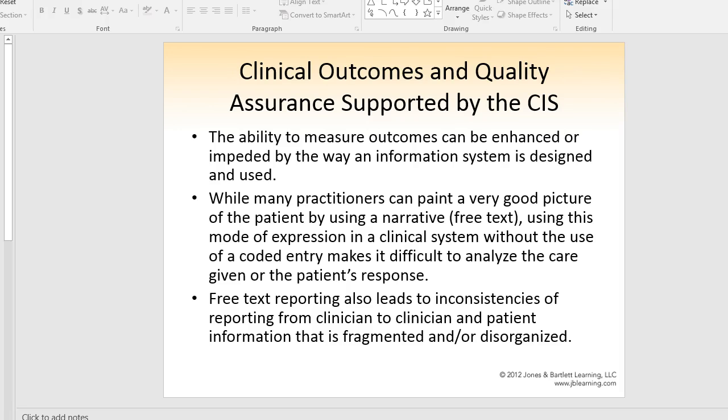So for example, a great outcome measure that we use in primary care: how many of your patients with the diagnosis of high blood pressure have a controlled blood pressure? Okay, so first of all, if you were doing this by hand, you're going to miss a lot of those diagnoses because there are 16 different ways you can diagnose hypertension.